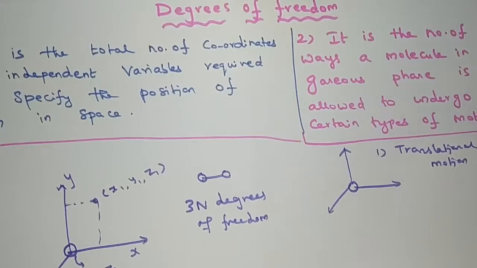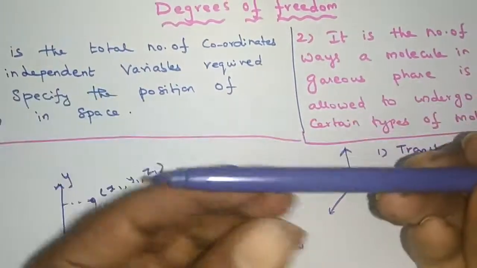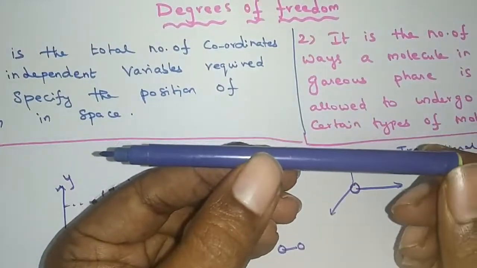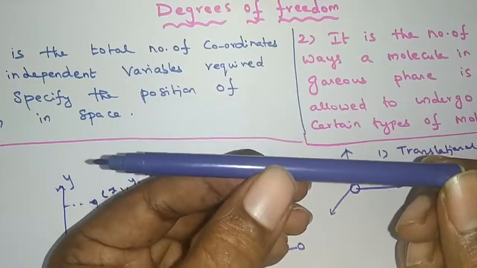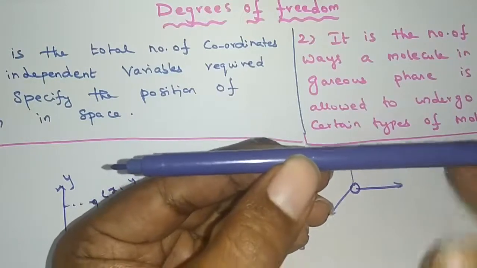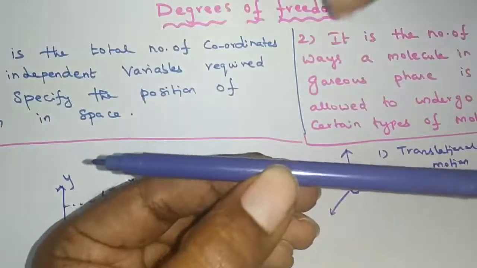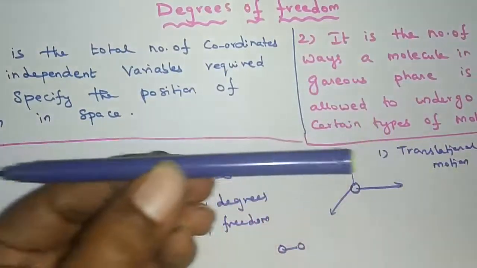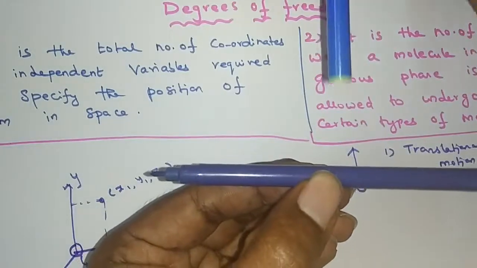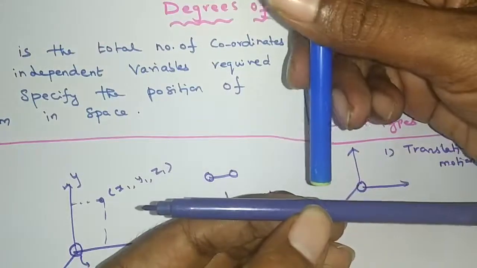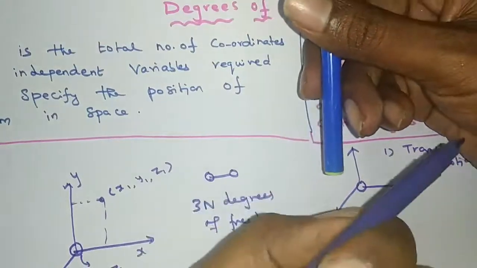And if I have a molecule like this, a diatomic molecule, and if I pass an axis in this direction, and if I rotate this axis, the molecule will rotate like this, right?